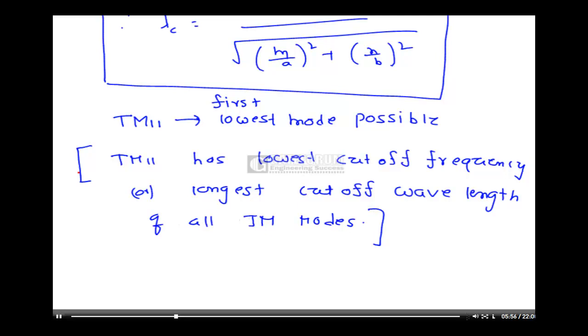Since frequency is low, and lambda is equal to c by f, if f is low then lambda is high. That's why TM11 has the lowest cutoff frequency or longest cutoff wavelength of all TM modes.